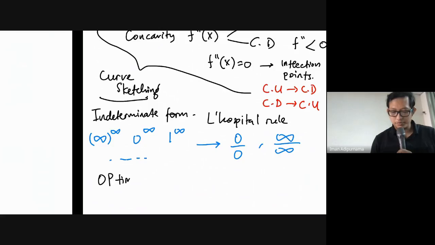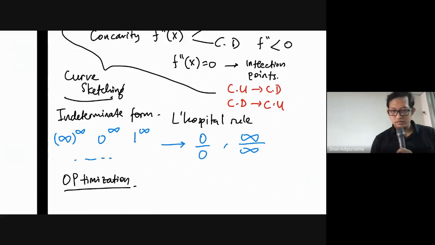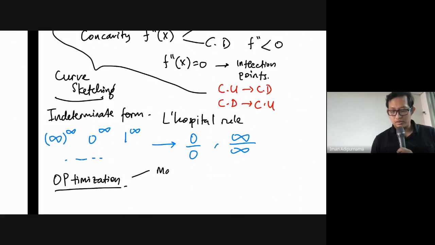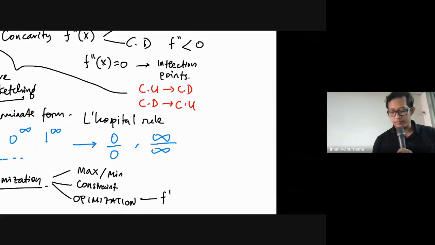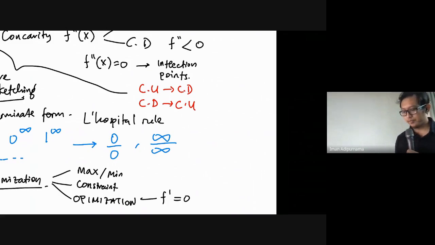And the last part is optimization. It's the max and min problem. We need to find the constraint equation and find the optimization and find f prime equals 0. And some notes, okay.